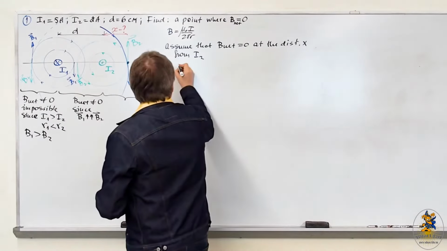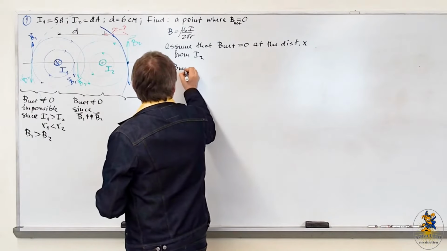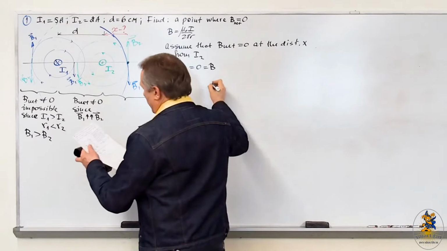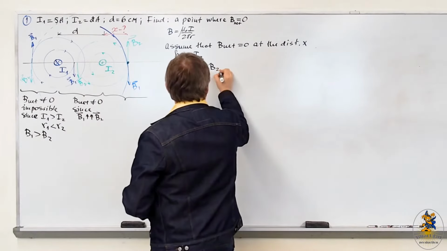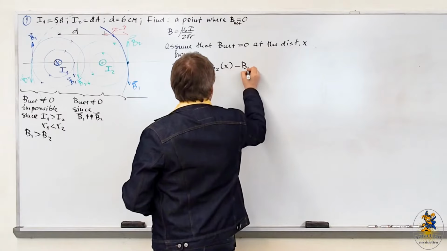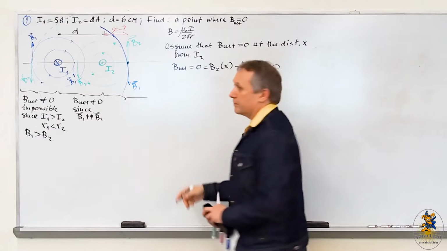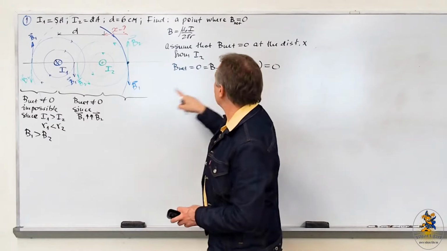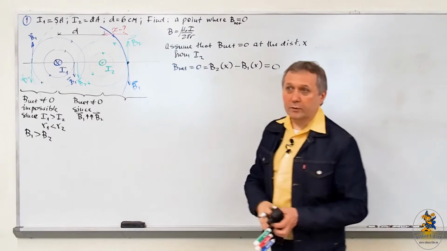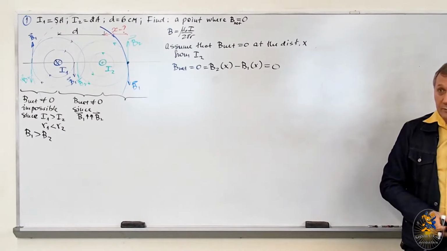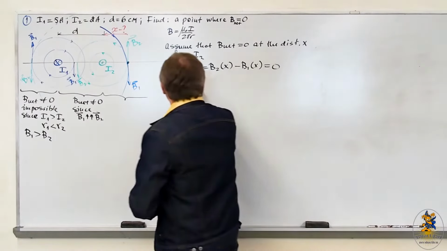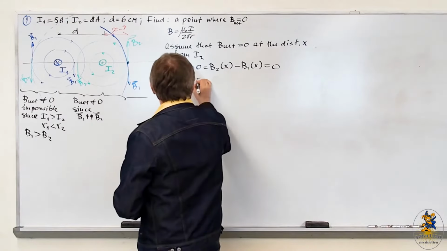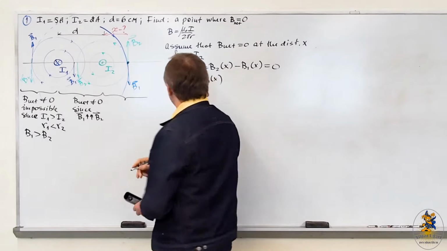B net equals 0. It means what? B net equals 0. It means that B, which way? B2 or B1? I wrote, okay, B2 at point x minus B1 at point x equals 0. Right? So B2 minus B1 equals 0. So it means they're equal in absolute value. So it means B2 at this distance, at this point x, equals B1 at point x.